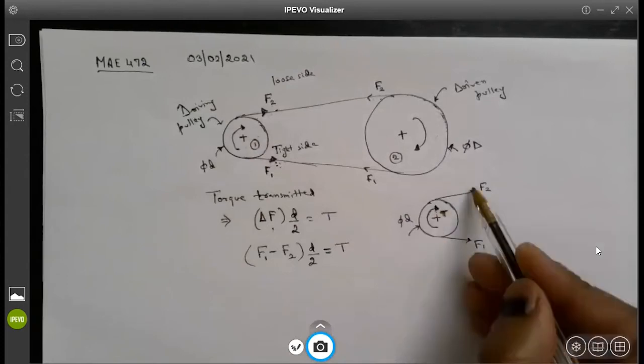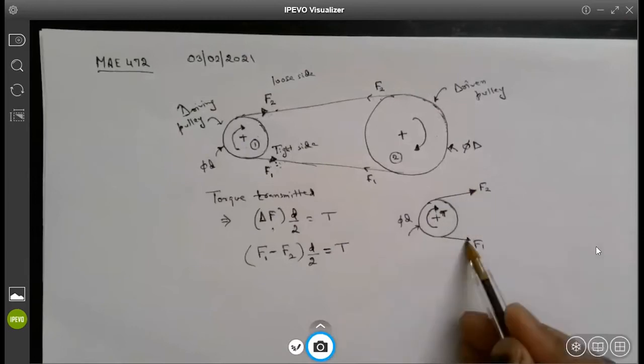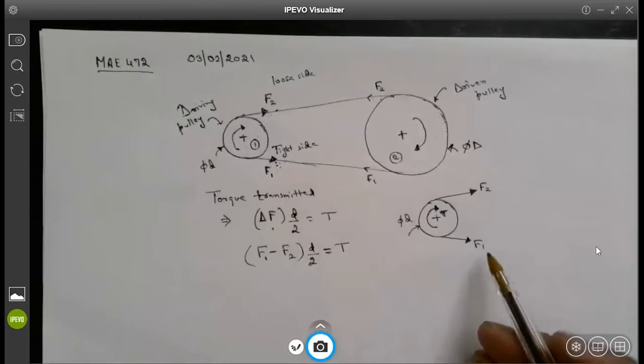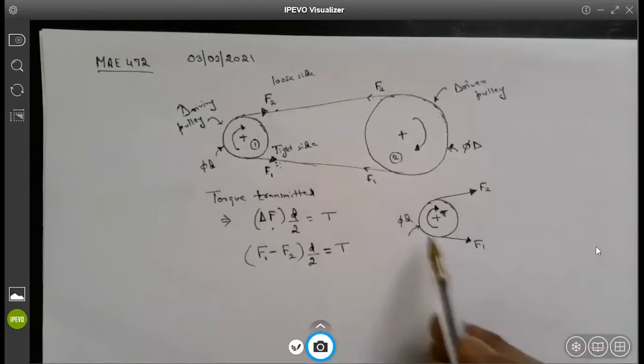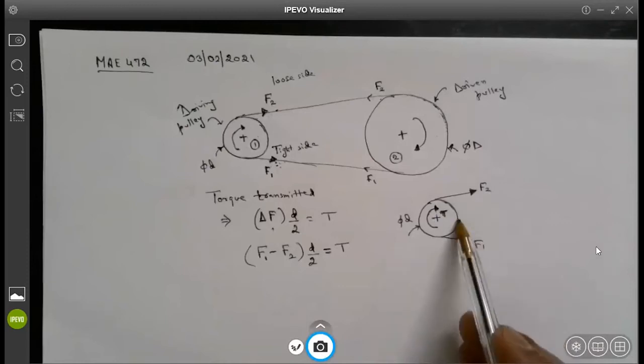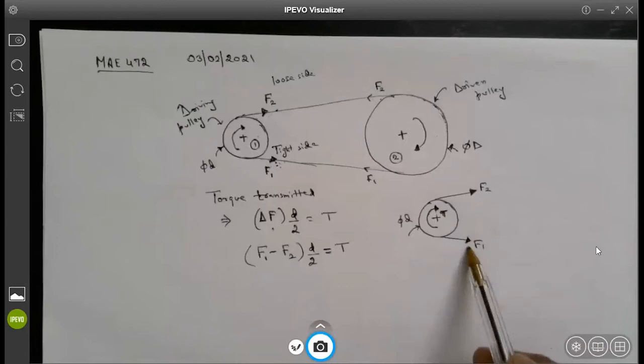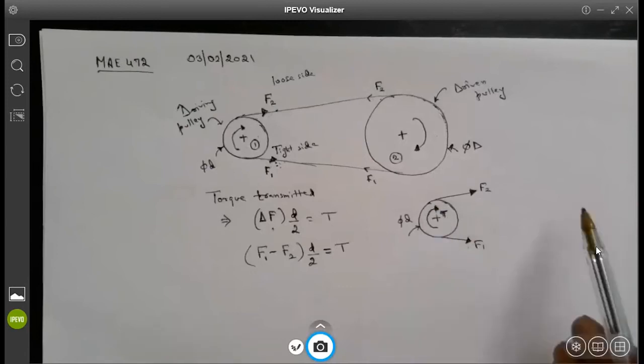Now, if I have to balance that using the tensions, which force will be maximum? If you look at the free body diagram, this has to be in equilibrium, right? At a specific instant of time, this has to be in equilibrium. This pulley is not going anywhere; it's just staying in there.